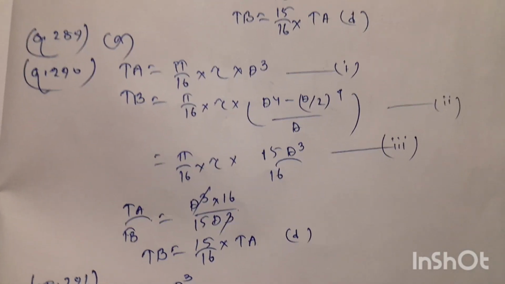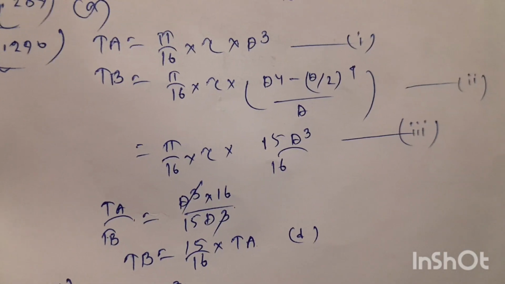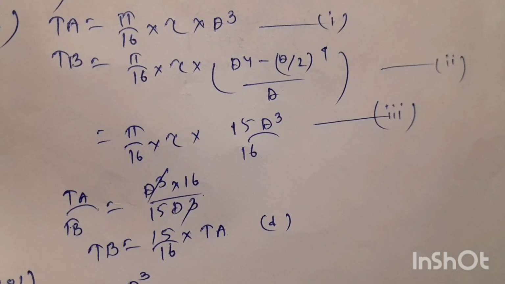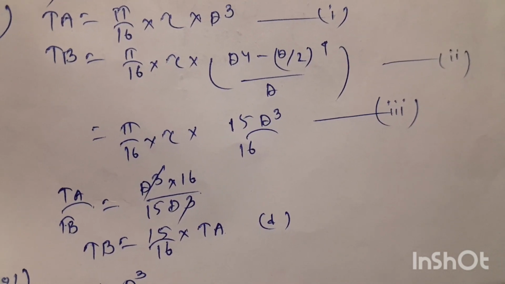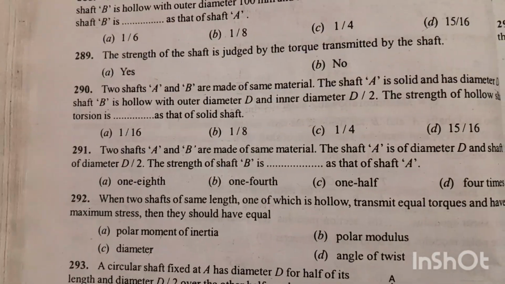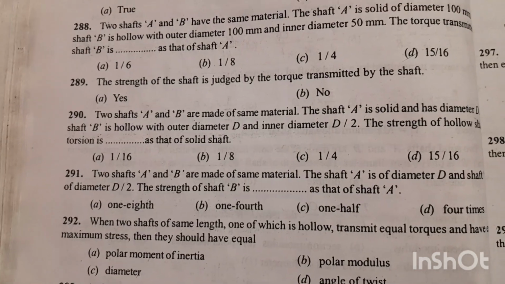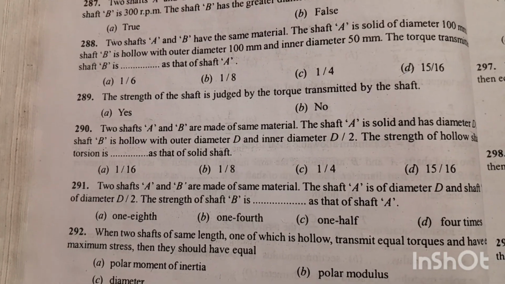So if we make the ratio TA by TB, we will get the value 16 by 15, and TB will be equal to 15 by 16 into TA. For question number 290, option D is the right answer.